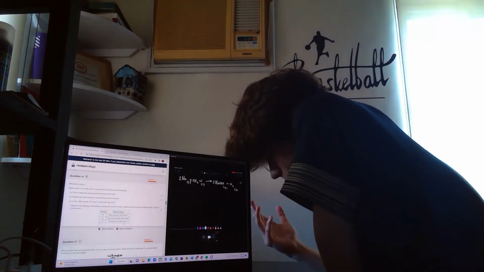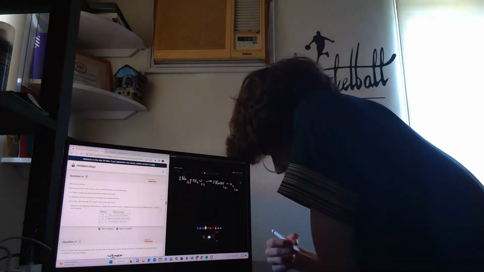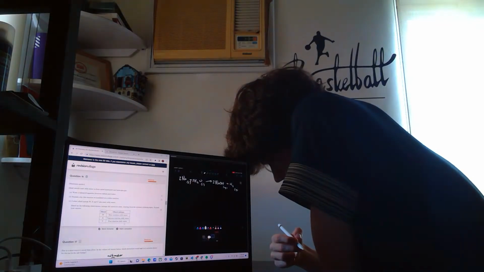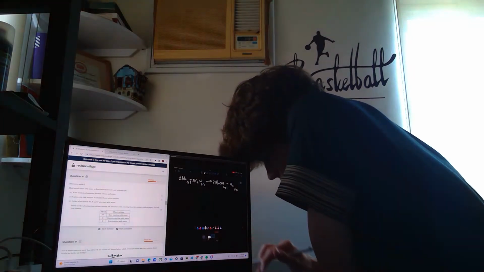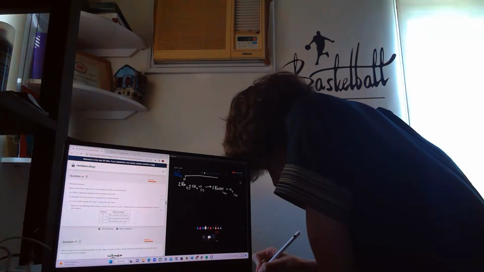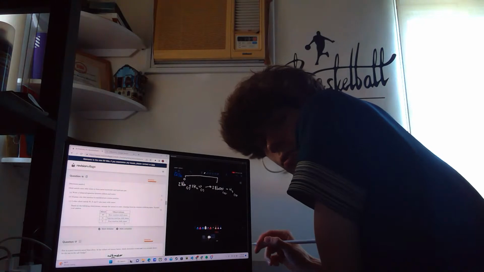So it's considered a redox reaction because, yes, this goes from 0, and sodium is the first one, right?